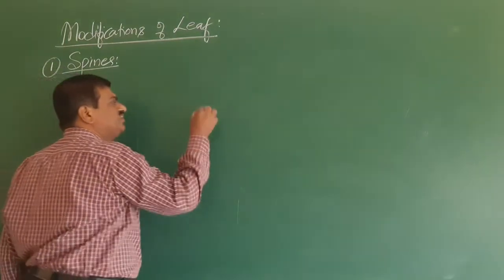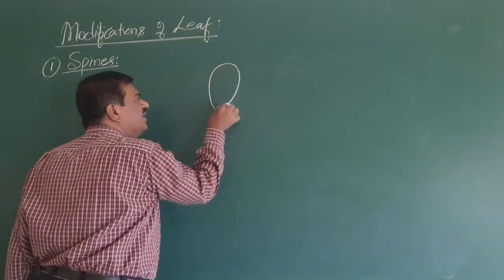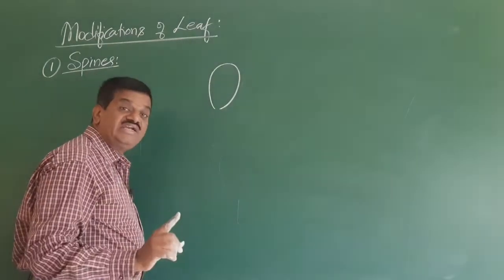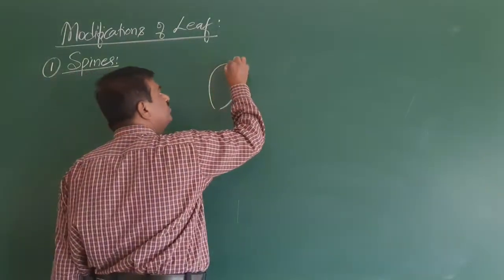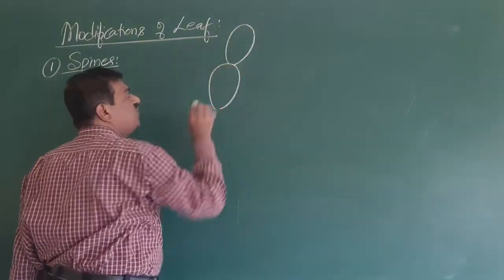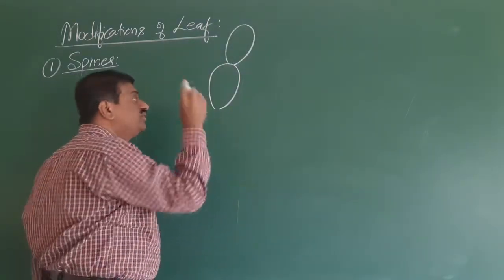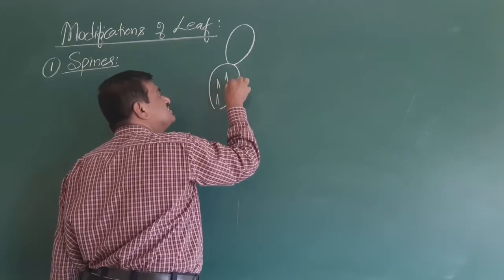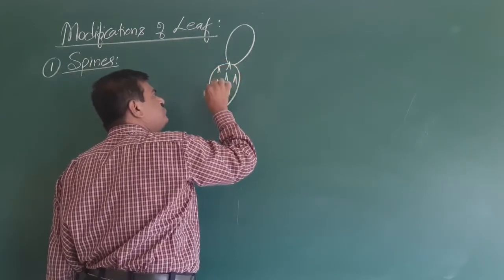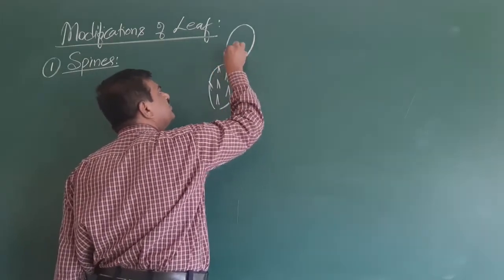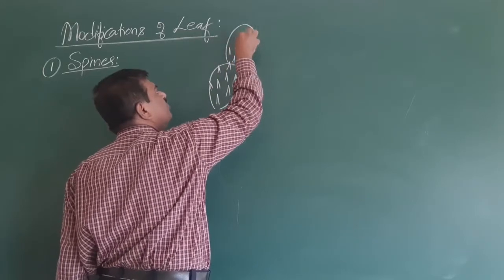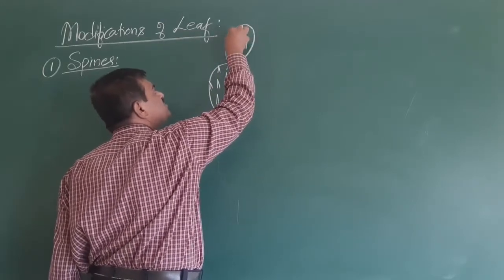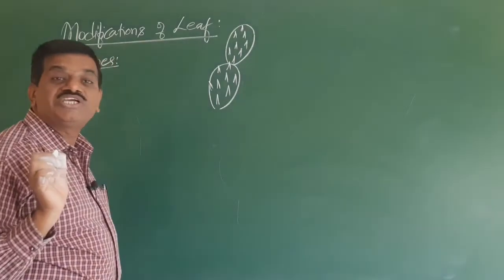As I mentioned, in a phylloclade the stem is flat and green in color. Here there is a flattened stem. The leaves are modified into spines. The stem helps in photosynthesis, and the spines help in protection.